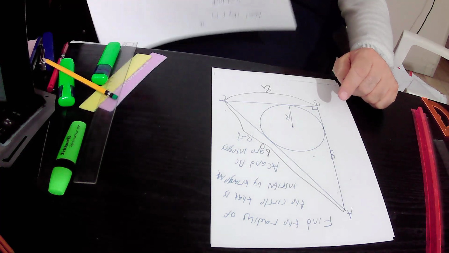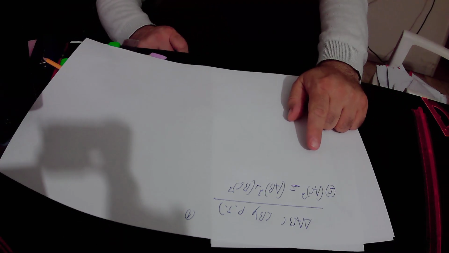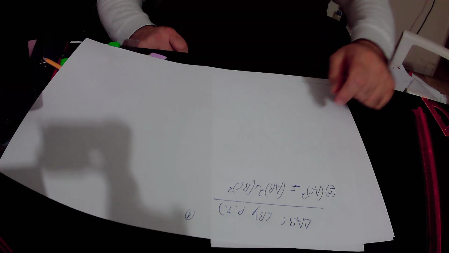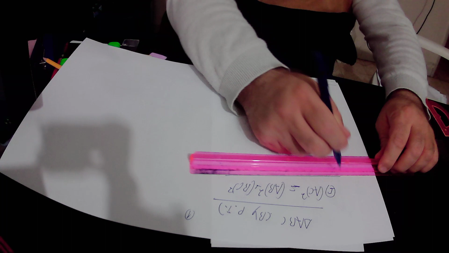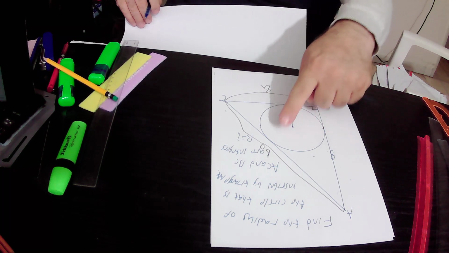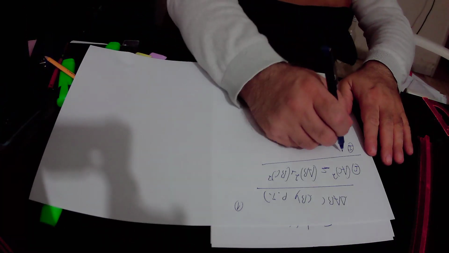I'll repeat again. In the right triangle ABC, according to the Pythagoras theorem, we get that AC squared equals AB squared plus BC squared. This is equation number 1. So, according to our definition, AC equals B. Therefore, AC squared will be equal to B squared.